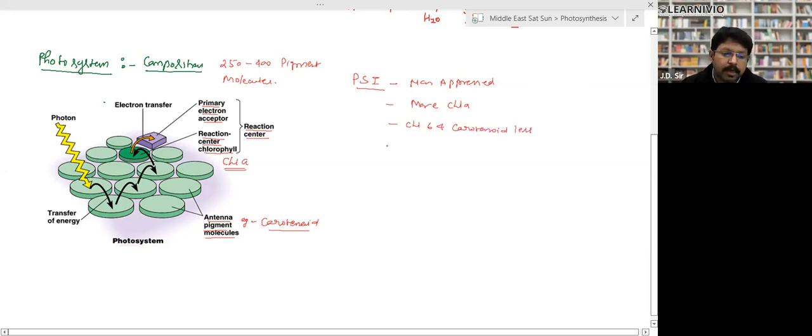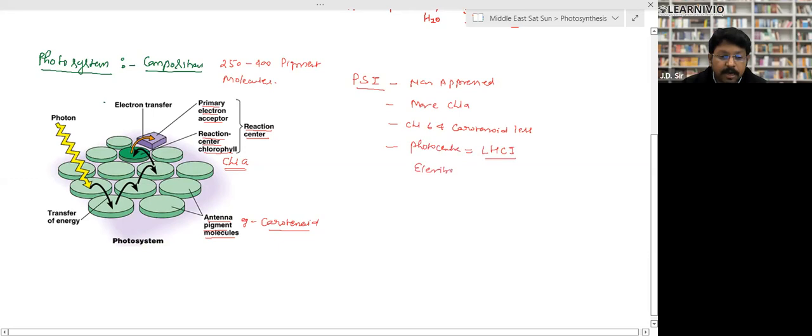It has a photocenter called LHC1, light harvesting complex 1, and an electron carrier.